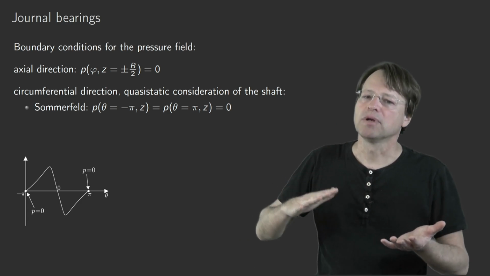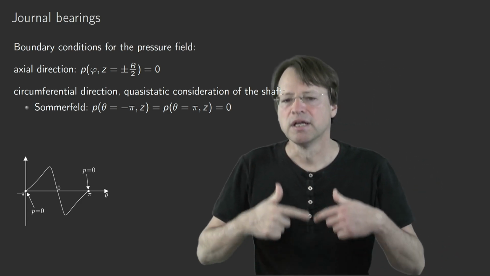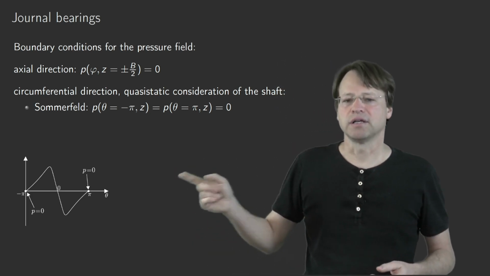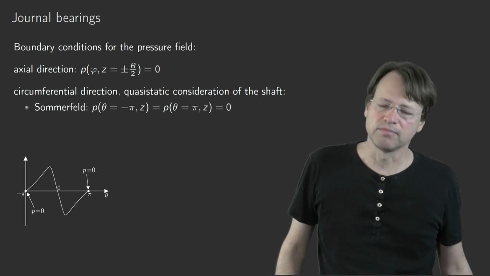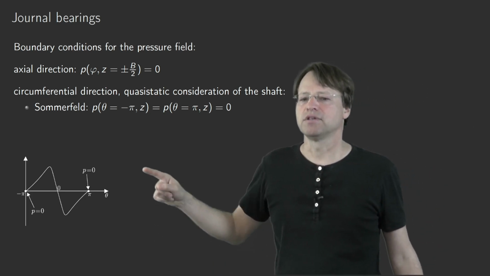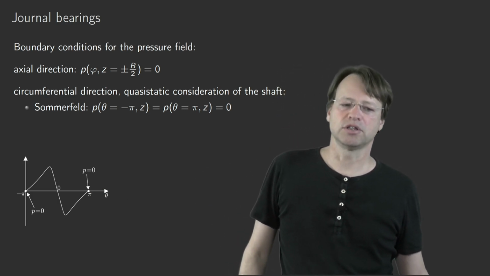What will happen? You will have a rupture of that fluid film. The lubricating film, there will be cavitation due to underpressure, and the oil film will just explode, and it will not be possible to maintain this negative pressure range here.